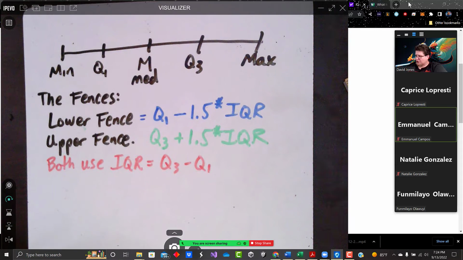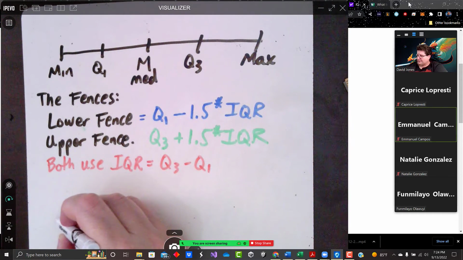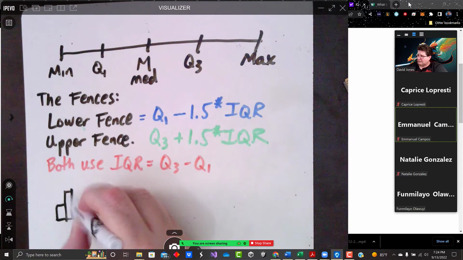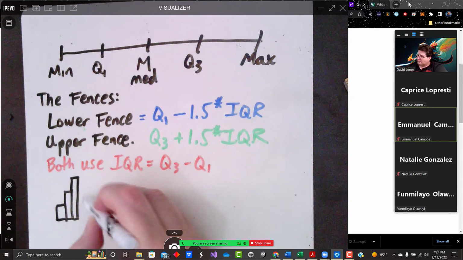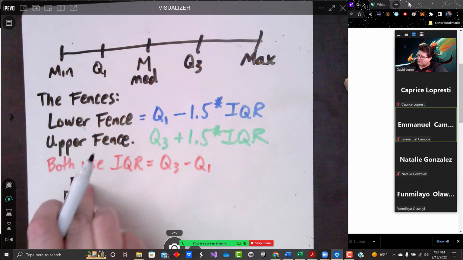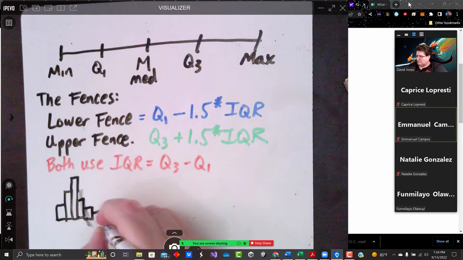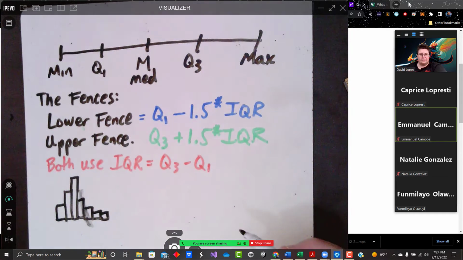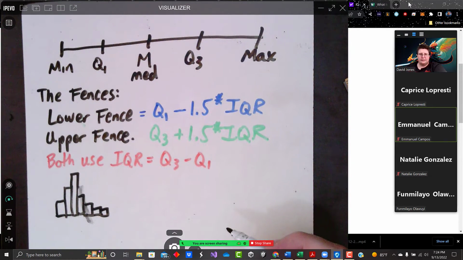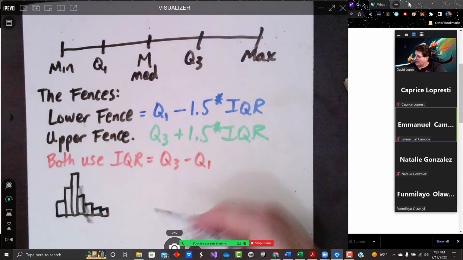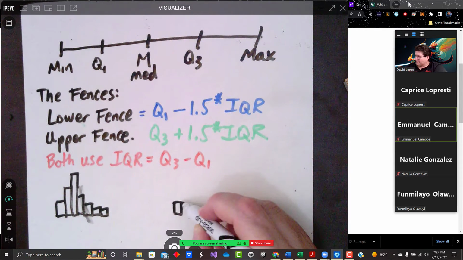This ends up having two outcomes for either fence. Let me just give some examples. That's like skewed left. And something that's skewed right, sorry.